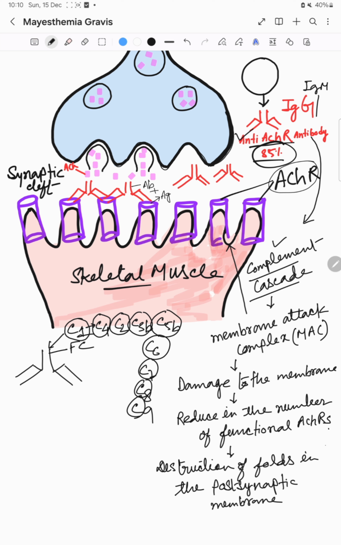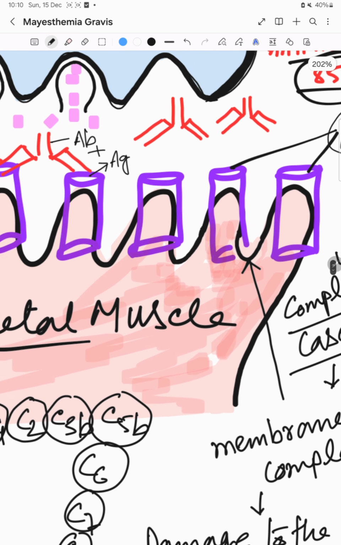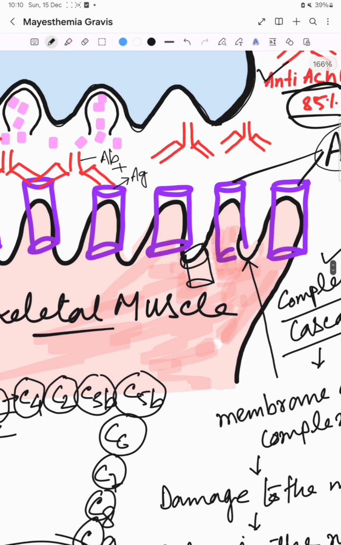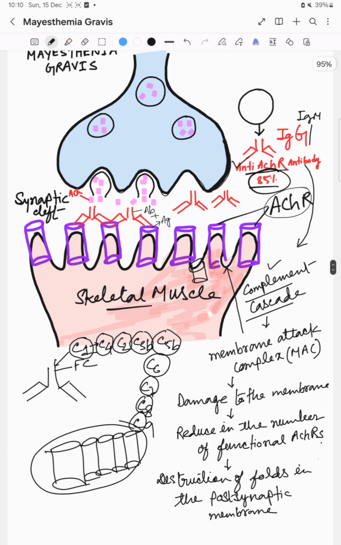So they form a complex, and this whole complex gets attached with the postsynaptic membrane of the skeletal muscle, and creates a big hole within the muscle and disrupts the structure of the postsynaptic membrane, where the acetylcholine receptor is no longer attached.